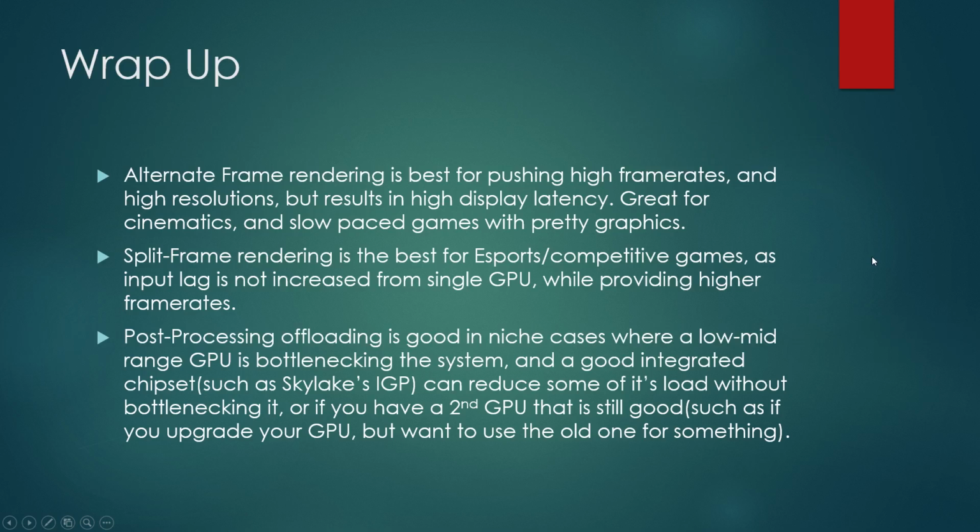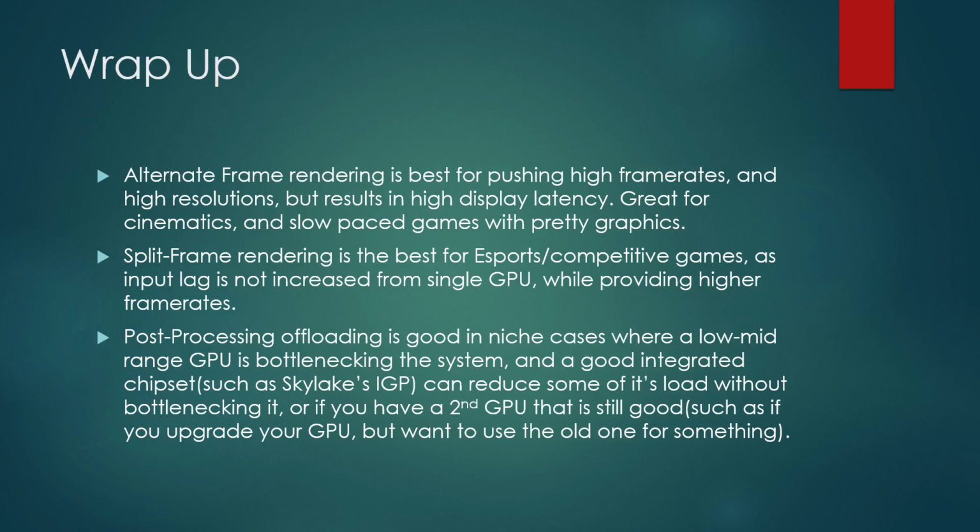So for a quick wrap up, there's 3 types of ways that DirectX 12 will allow for multiple graphics devices to work together. And with alternate frame rendering, it's really good for getting the highest possible frame rates at high resolutions, but it has the downside of really high display latency.